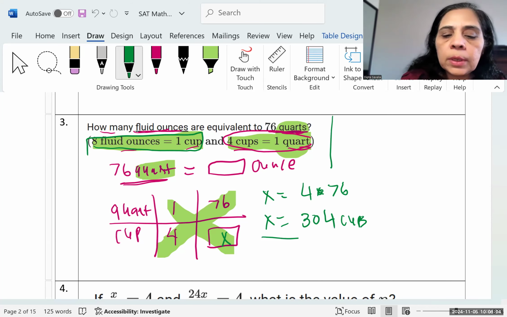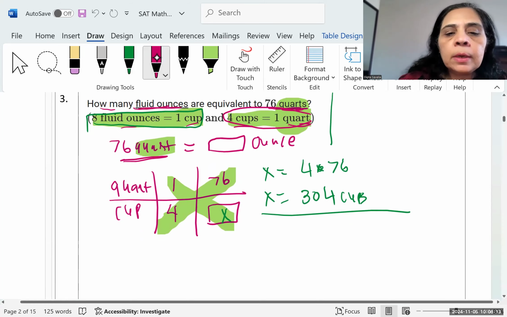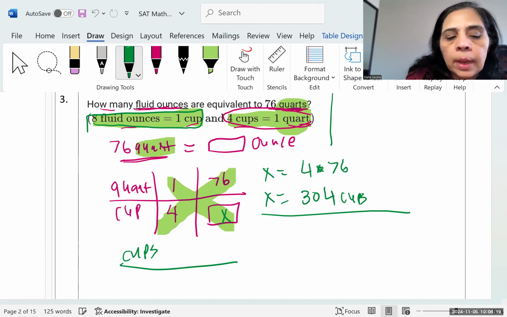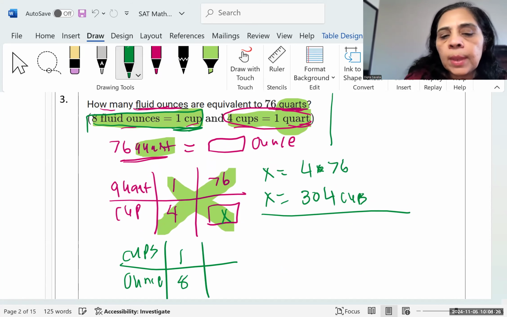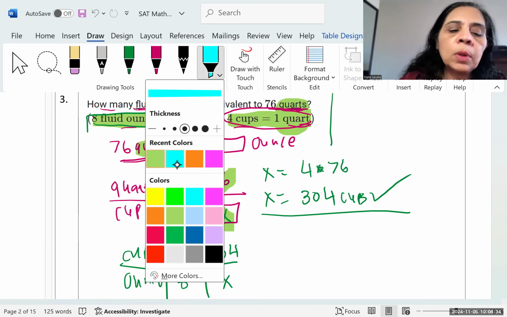Let me do it here. So we can make space. Let's see. So we can make a ratio table again here. We have cups and ounce, right? Whatever they give you, 1 cup is 8 ounce. And now we can see we have 304 cups. And this one we need to find. So again, we can do cross multiplication.